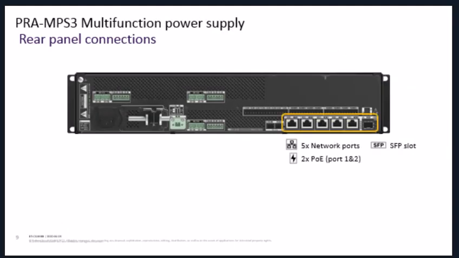When we come to the MPS3 unit, as you see, we again have 5 network ports. But this time we also have 2 PoE ports. The first one and the second one are always PoE. And we have 1 SFP slot on the device, so you can directly connect your fiber connection to the MPS unit without anything in between.